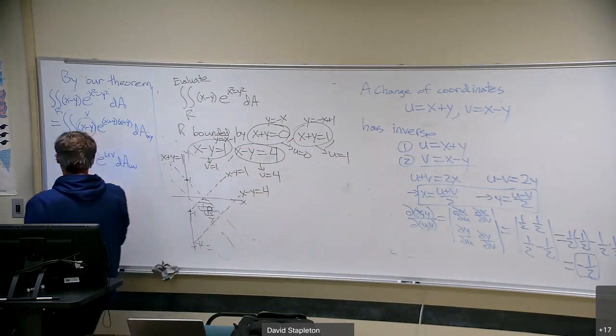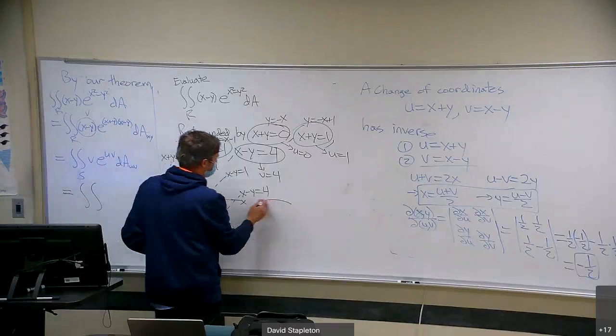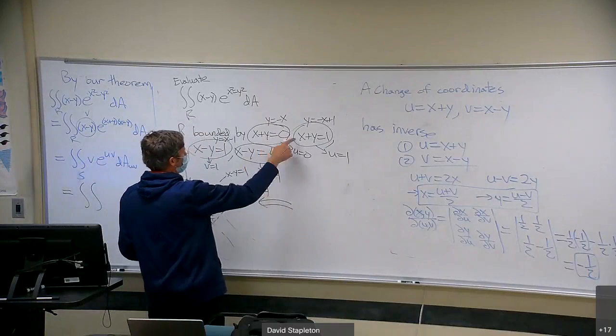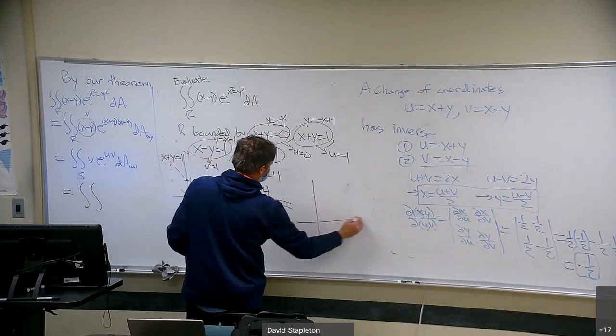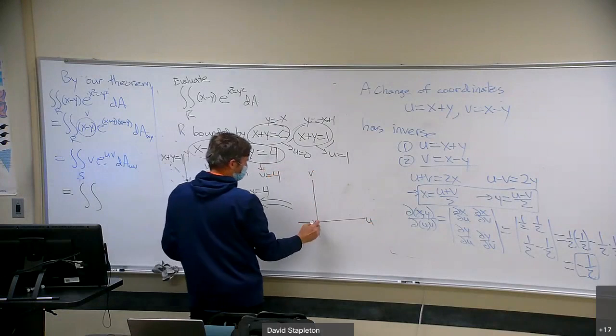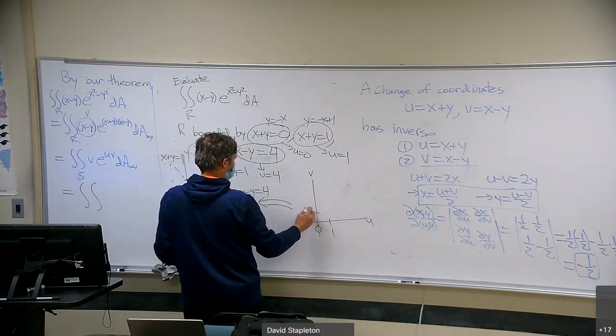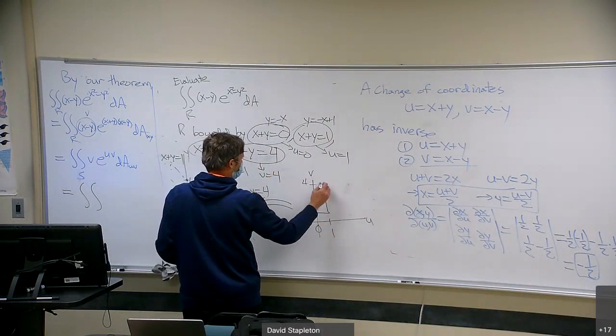And so now this becomes the double integral over a rectangle in UV space. In other words, this is the image under this linear transformation of the region in UV space, u going from 0 to 1, and v going from 1 to 4. So this rectangle. So there's your S.